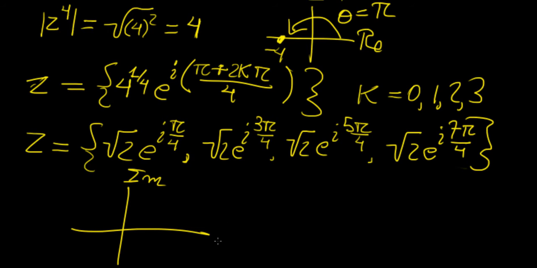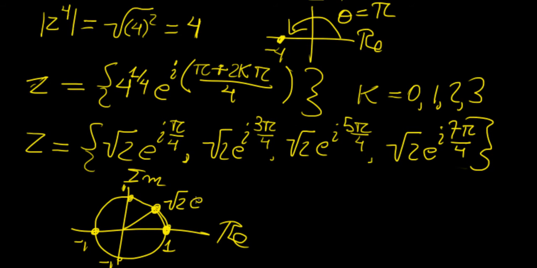And now what we're going to do is we're going to have the complex plane again. We're going to try to plot them. So we're going to have the unit circle, and then we're going to start plotting them. So the first one is going to be around here. So that's pi over 4. That's the angle from the real axis.